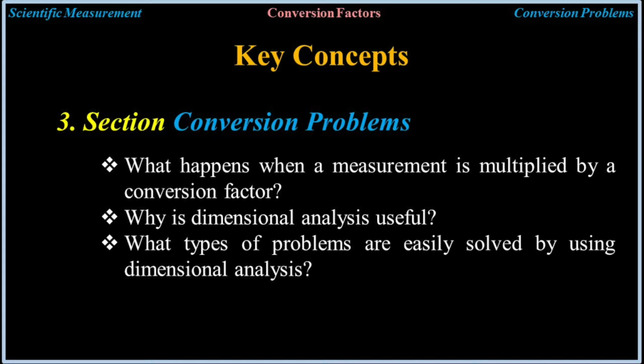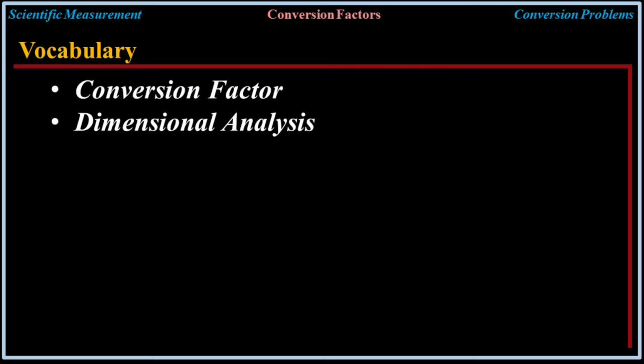Questions. What happens when a measurement is multiplied by a conversion factor? Why is dimensional analysis useful? What types of problems are easily solved by using dimensional analysis? Vocabulary: conversion factor and dimensional analysis.